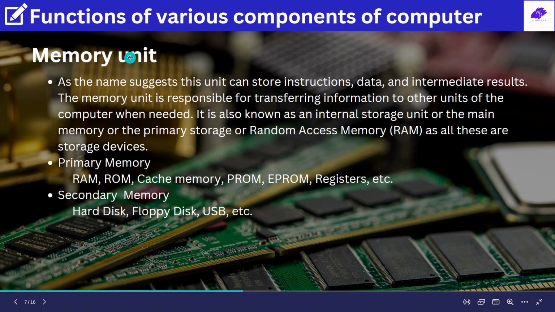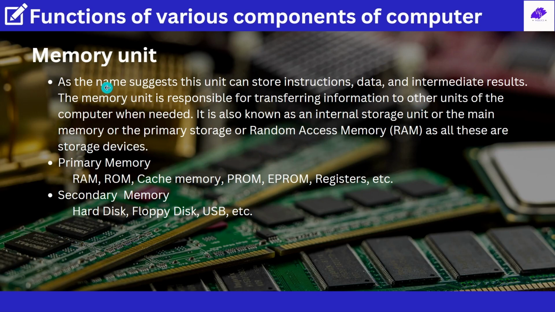Memory unit. As the name suggests, this unit can store instructions, data, and intermediate results. So this unit is for storage purposes. It will store the instructions, data, and the intermediate results which form in the processing of any program.